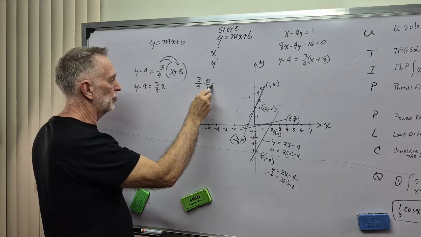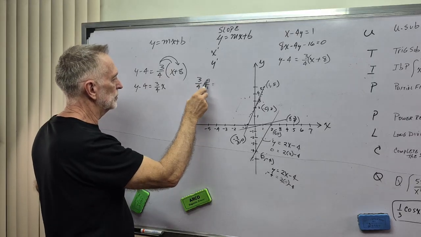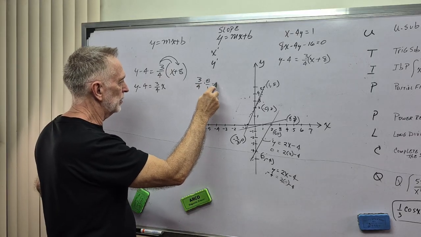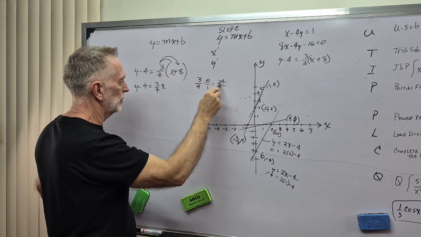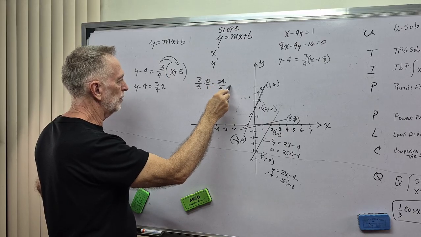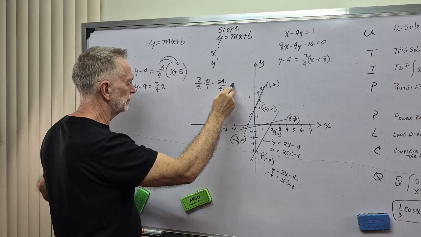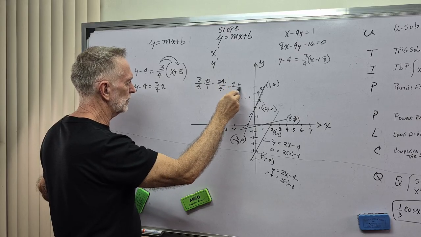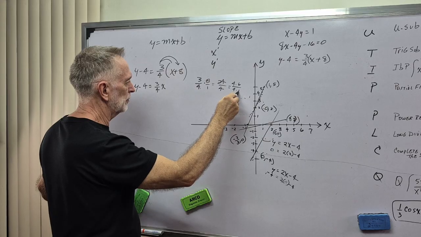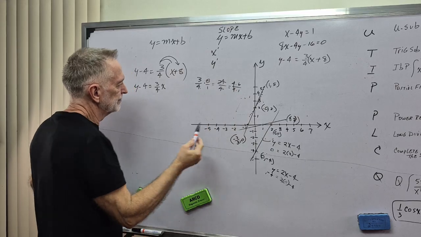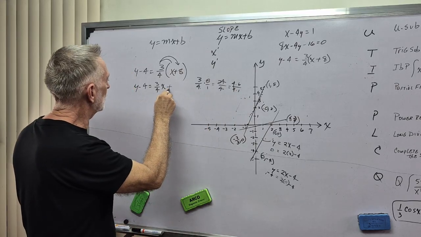I'm multiplying the numerator times the other numerator. 3 times 8 is 24. 4 times 1 is 4. 24 divided by 4 is 6. Okay, so we have plus 6.